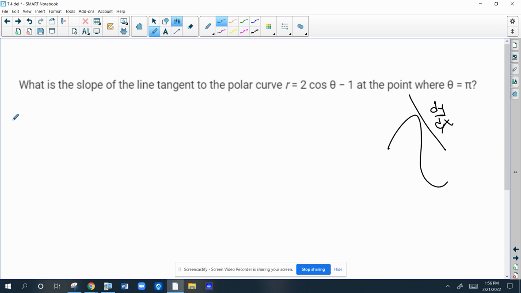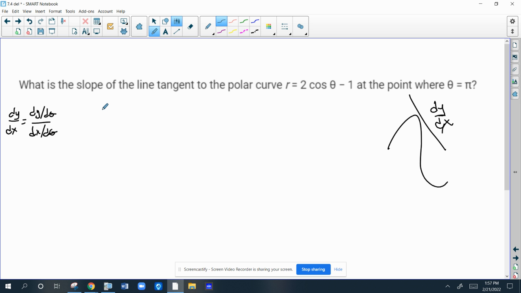So dy/dx we know is dy/d theta over dx/d theta. So let's figure out what y is and take the derivative with respect to theta for the top, and let's figure out what x is and take the derivative of that with respect to theta on the bottom.